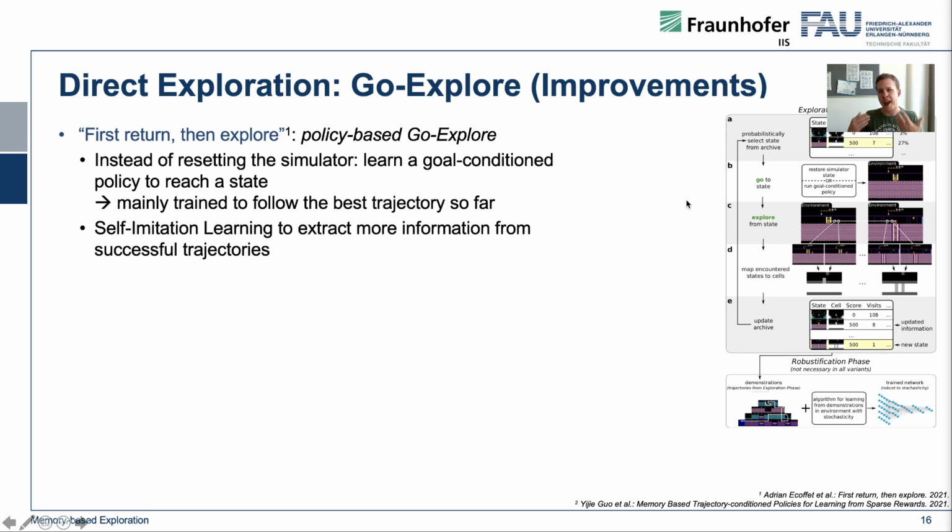As we already have some initial explored trajectory that takes us to that state, what they suggest is to mainly follow the best trajectory that has been found so far, and do something like self-imitation learning to extract more information from the successful trajectories that we observed during training.